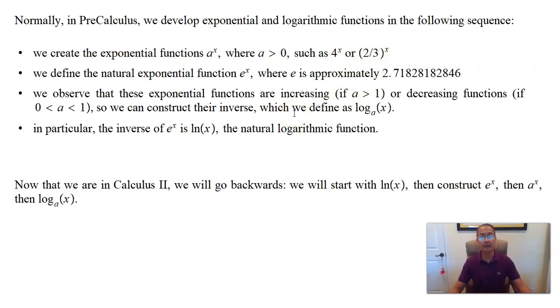So they have an inverse, which we call the logarithm to the base a of x. For e to the x, the inverse of e to the x is called ln of x, the natural logarithm function. So natural logarithm, NL, why is it LN?